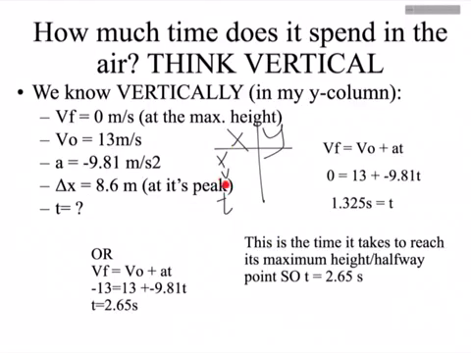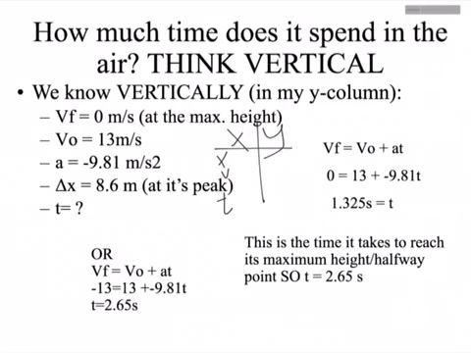We could solve for this velocity by using cosine of the triangle that we did on the last slide, but in order for us to solve for time, we would have to know how far horizontally it goes, and we don't know that. We do have a lot of information over here in the y column. All this information we know is over here in our y column. So it's better for us to think vertical when it's asked how much time does it spend in the air.